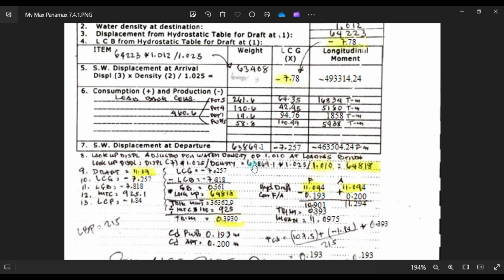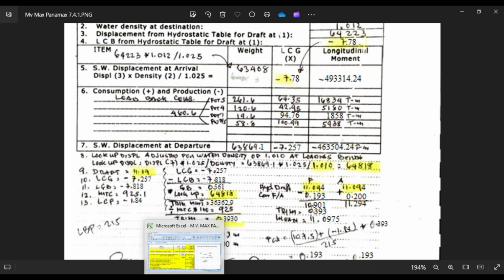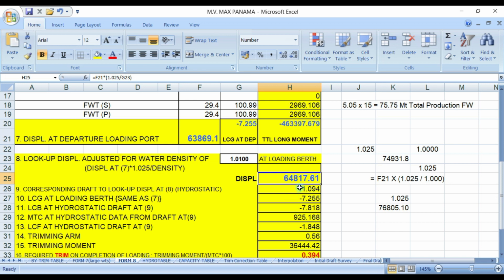The displacement of 64411 times your constant of 1.025 over 1.01. This will be the displacement in the loading port, 64818 or 17.